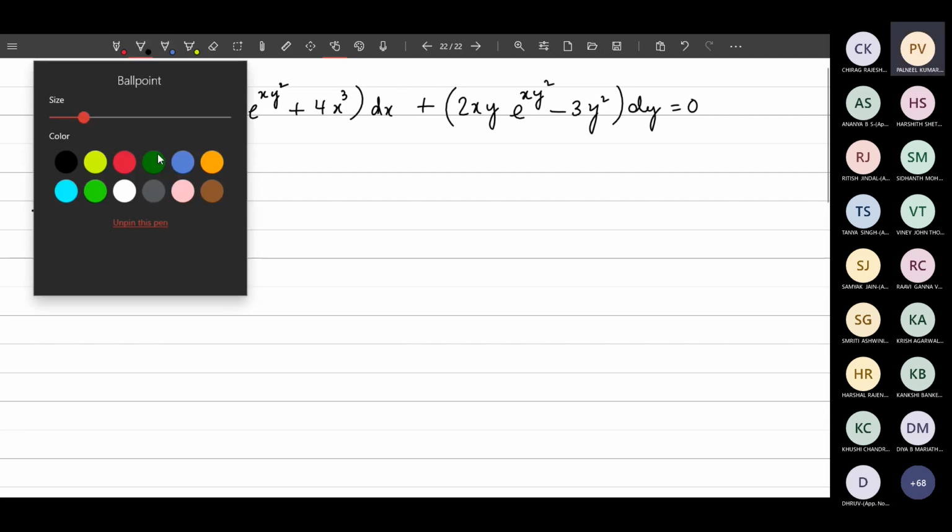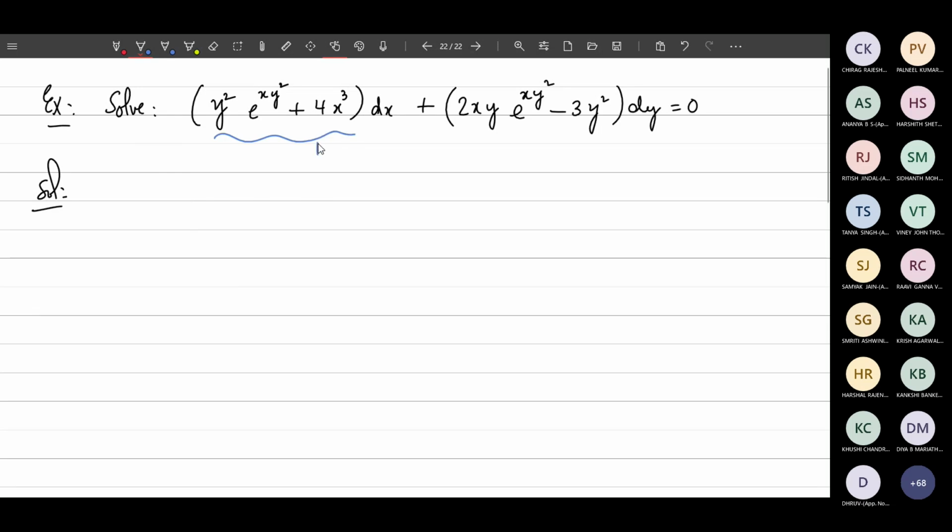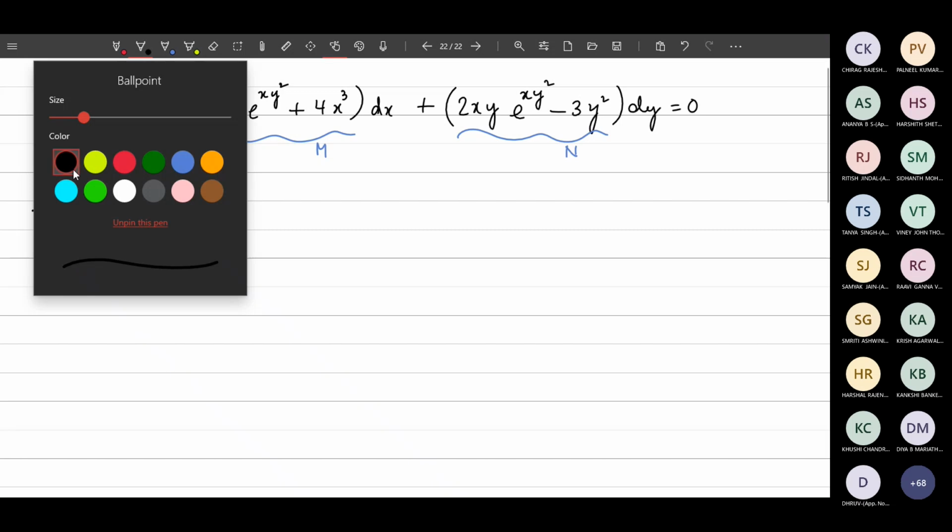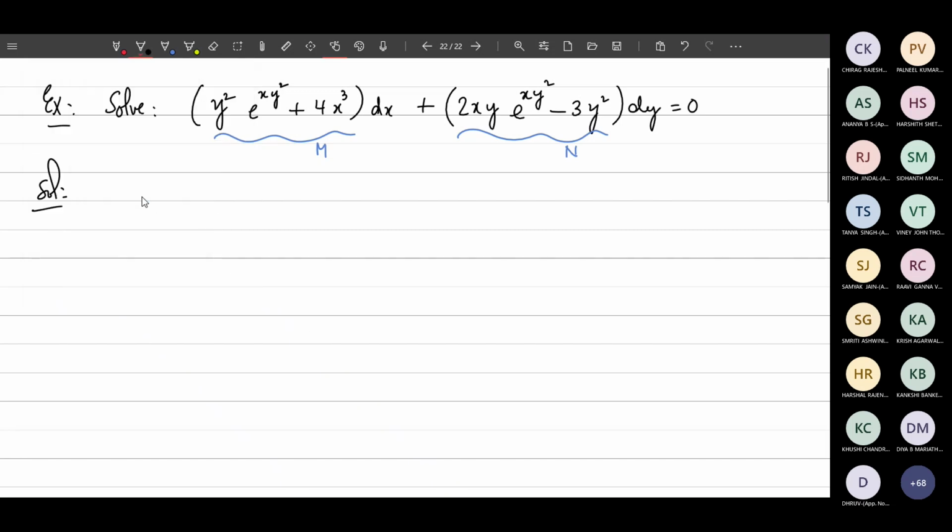So I'll write this: the first bracket term is M, of course M(x,y), this is N(x,y). Now I need M with respect to y derivative. This means x is constant throughout. In y square into e power xy square, we have y square and e power xy square, which also has a y term. Therefore use the product rule here. Remember that x is constant.